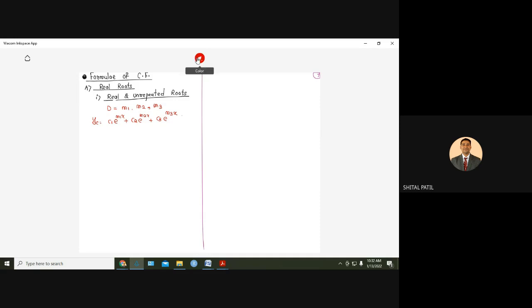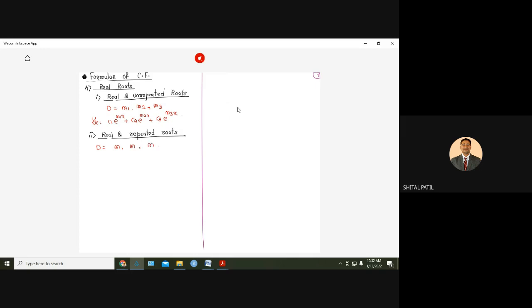Second part. Real and repeated roots. So say m is there. Next root is also m.